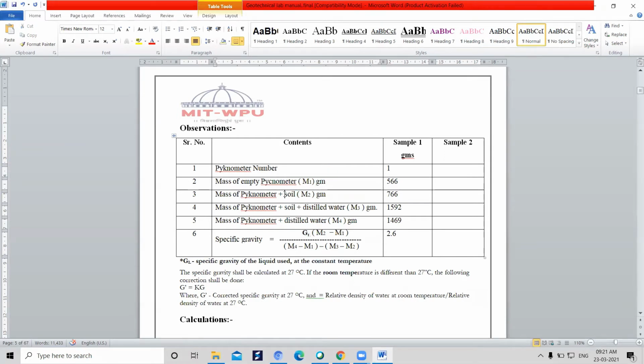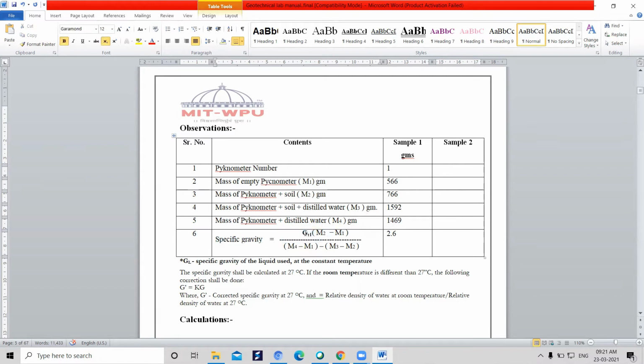Then you will get an error in the experimentation. Clear? So if you already know that this soil is completely rich with dissolved salt, then go with, we'll be saying, kerosene.